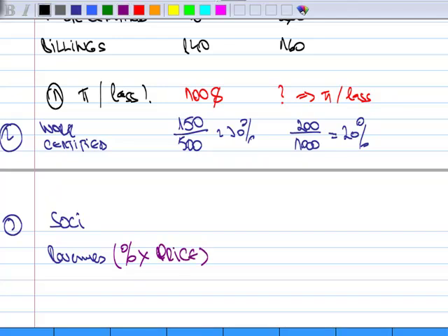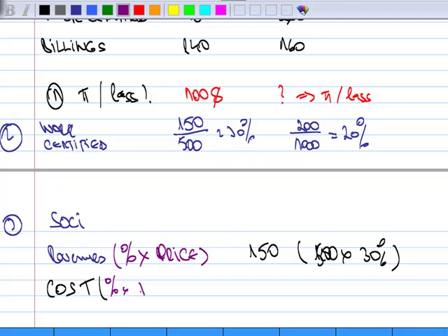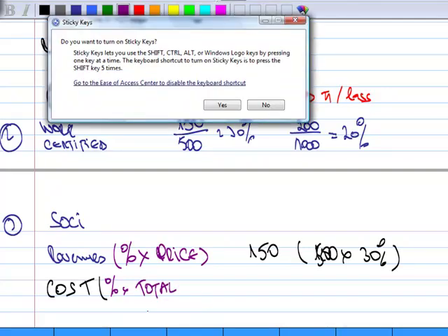So project A will reflect 150 as revenue. Let's finish off project A. We'll have 150, and 150 will be obtained by multiplying 500 with 30%. Costs under this project will again be percentage multiplied with total cost.